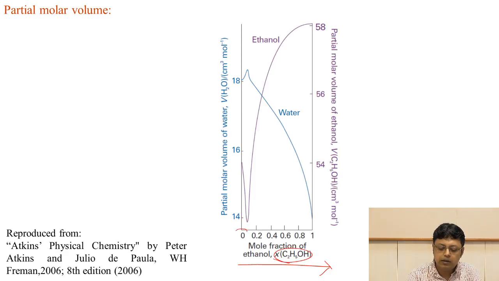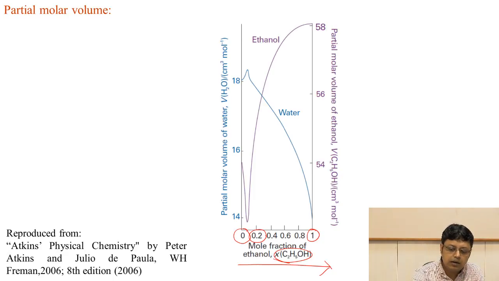Here we start from 0 ethanol, which means initially it was pure water. Then we slowly keep on adding more and more ethanol, so at 0.2 it is 0.2 mole fraction of ethanol, which automatically means 0.8 mole fraction of water. And ultimately we go to pure ethanol, where the mole fraction of ethanol is 1 and the mole fraction of water is 0.